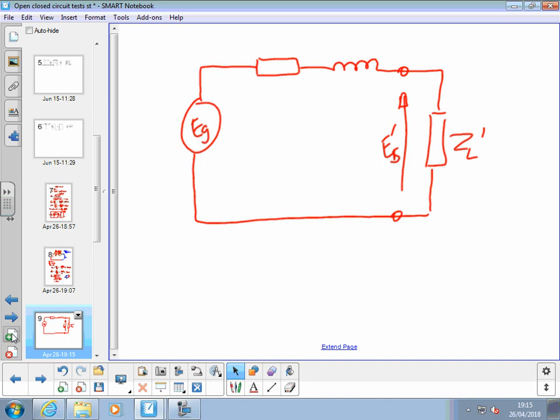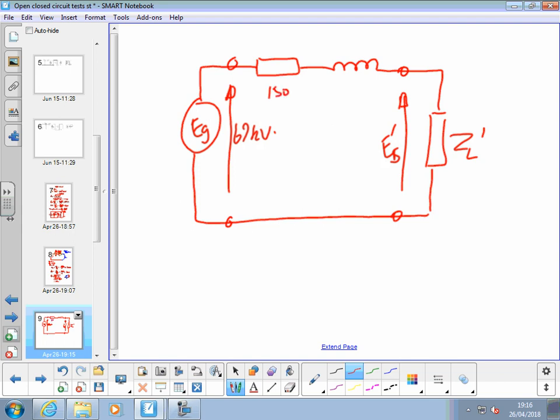Right, and we know we've got 69 kV there. The value of those two components were 150 ohms and 632 ohms.